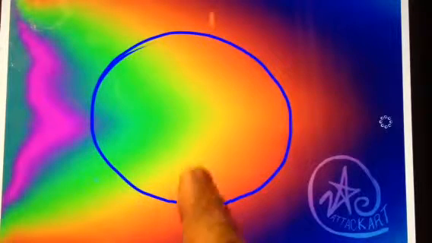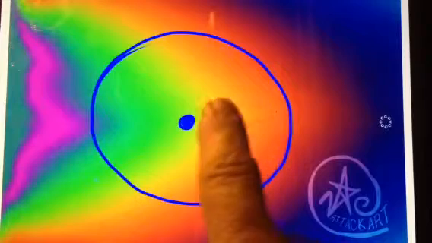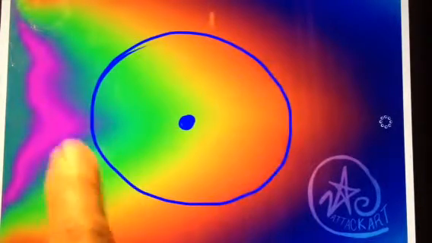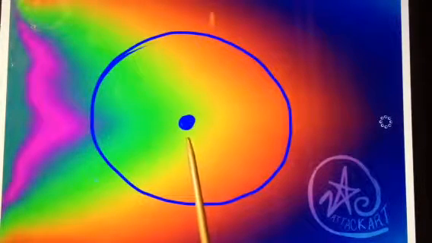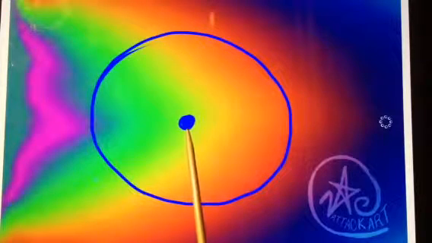That's what we see. So that's what we're going to focus on.